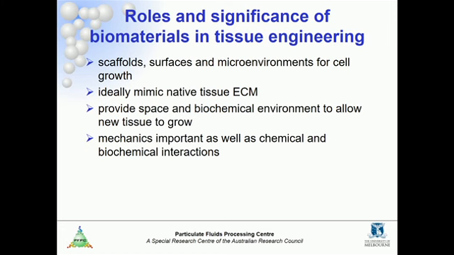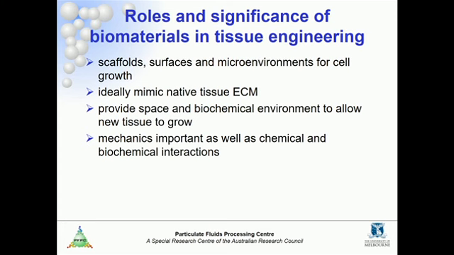Ideally, they mimic the extracellular matrix that the tissue has in its native state. So as an engineer, I want to understand that ECM very well so that I can try to make materials that will replicate properties from that. So they provide space and that biochemical environment to allow new tissue to grow. So they're providing that opportunity for tissue to grow, providing signals to help that to happen.